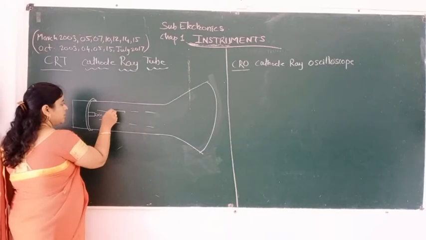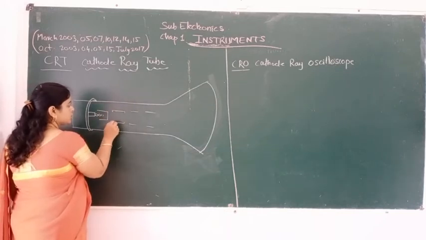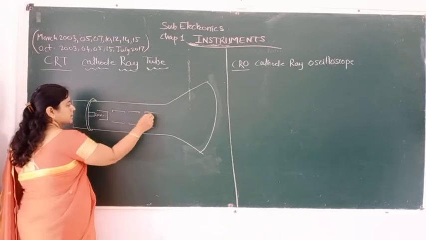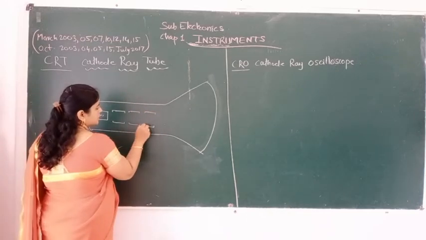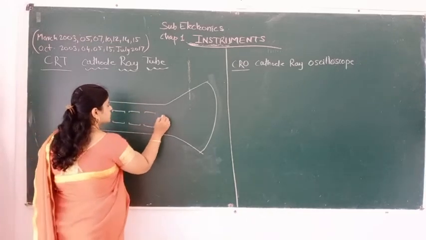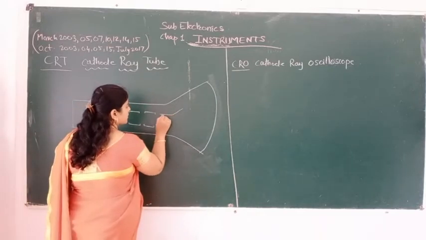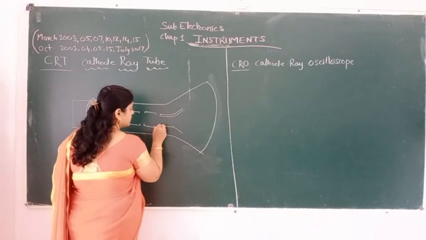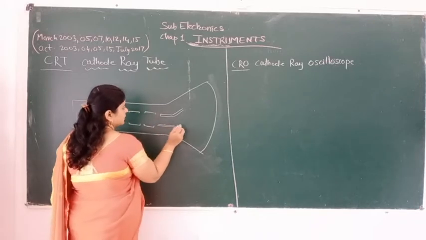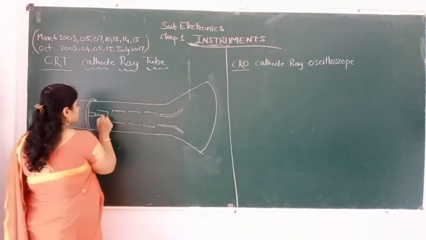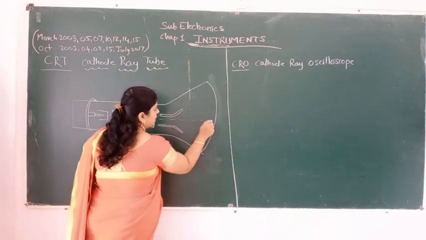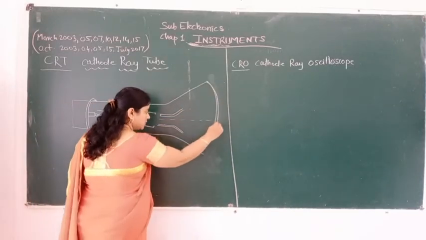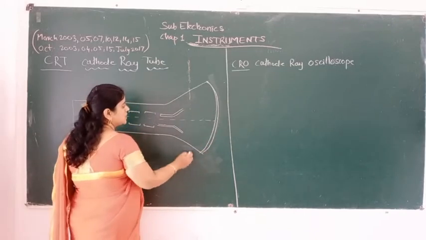These are the plates, called accelerating plates. These are the vertical plates. The beam passes through this filament and strikes the screen. This is the fluorescent screen.